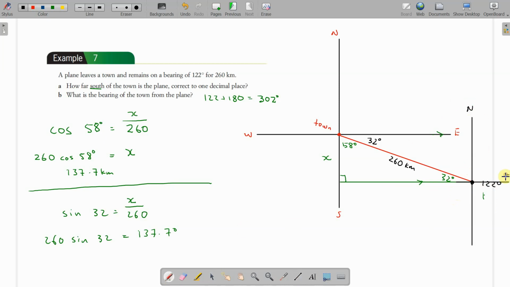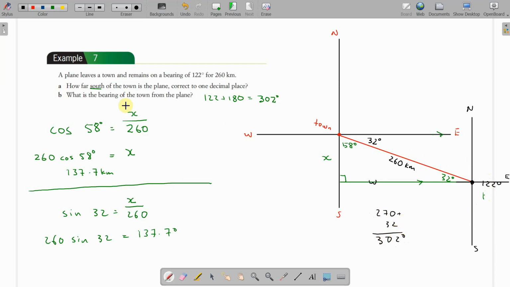Out this way, it's 90, 180, 270 plus another 32, which is 302 degrees.